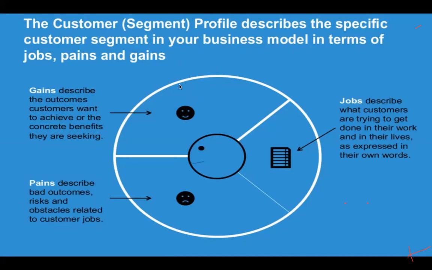Yes, it has to be an existing one, right? If you understand the first part, I think this is going to be understandable for someone. Pains describe the outcomes, risks, and obstacles related to the customer jobs. Right? Jobs describe what customers are trying to get done in their day to day work. I told you these are the daily activities.